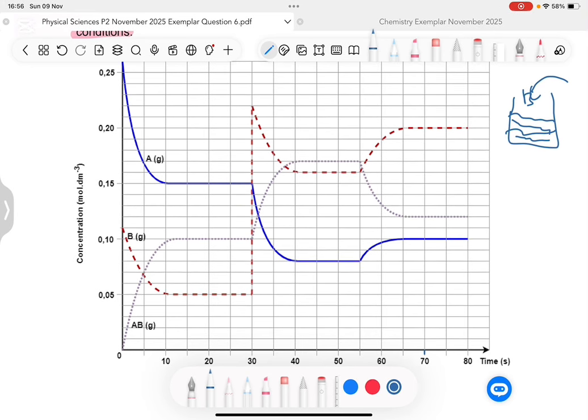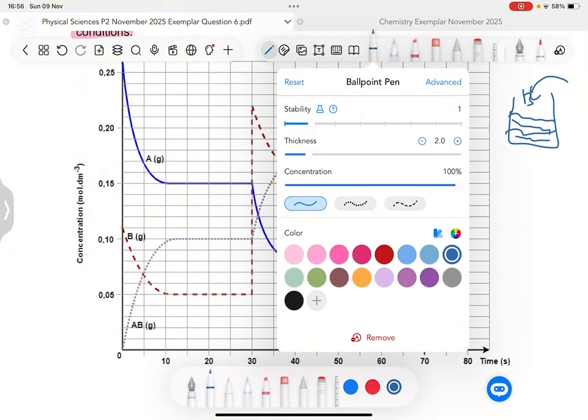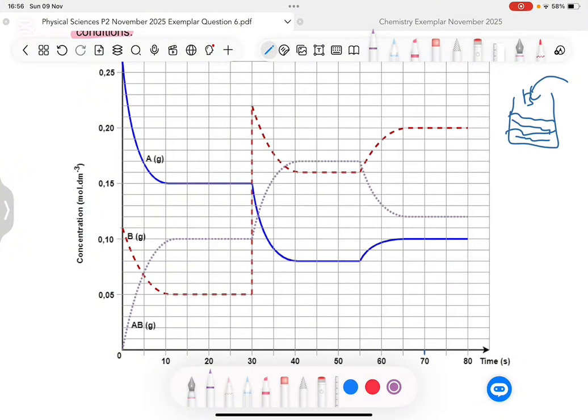To find the reaction that is occurring fast, we can just look at the slope of our curves. If you look at the slope of this curve here, the AB is actually having a positive slope. What I mean is that if we were to draw different tangents on this curve, all these tangents have a positive slope.